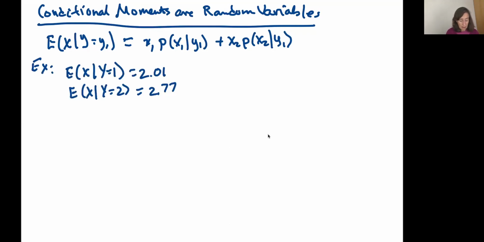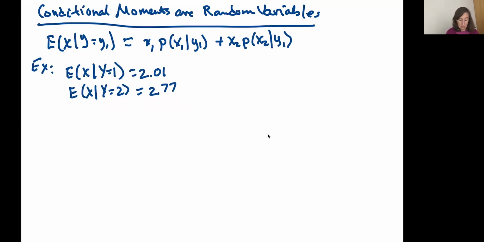But here what I'm saying is, how likely are we to be in the world where the expectation of x is 2.01? It's the probability that we're in the world where y equals 1. And how likely are we to be in the world where the expected value of x equals 2.77? It's the probability that y equals y2.